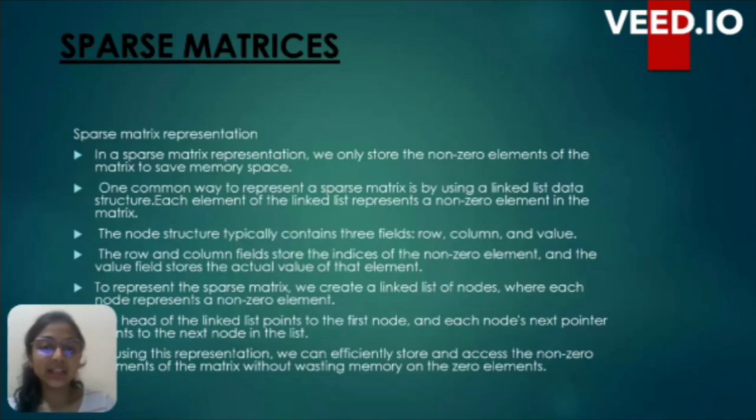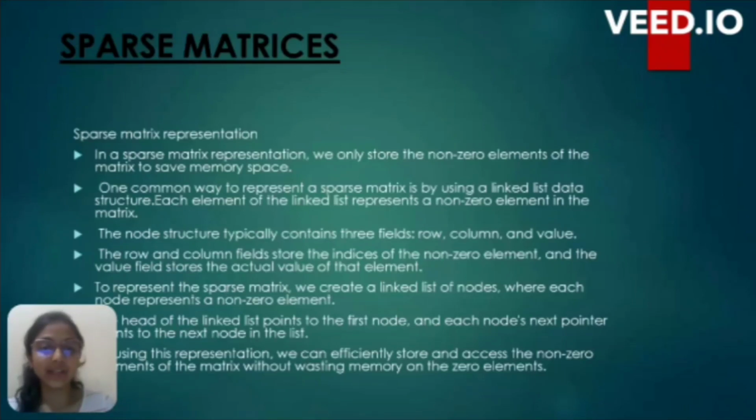Each element of the linked list represents a non-zero element in the matrix. The node structure typically contains three fields: row, column, and value. The row and column fields store the indices of the non-zero element, and the value field stores the actual value of that element.